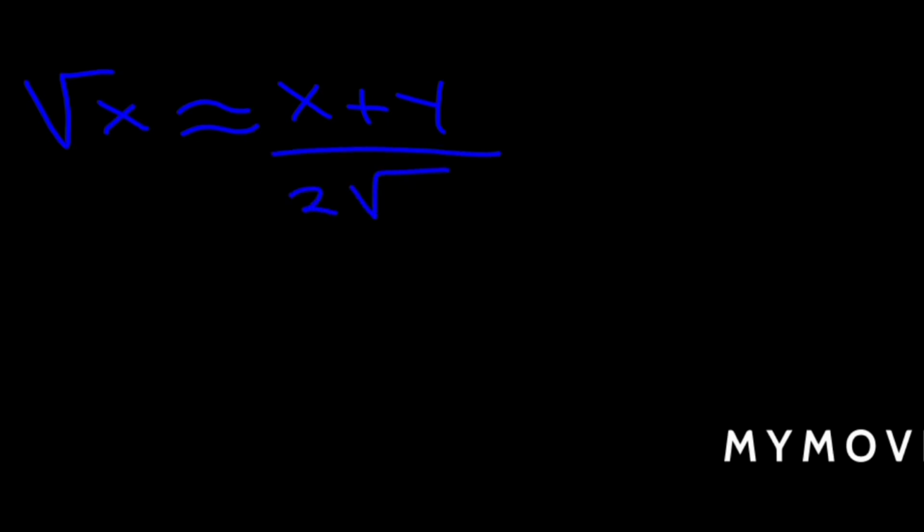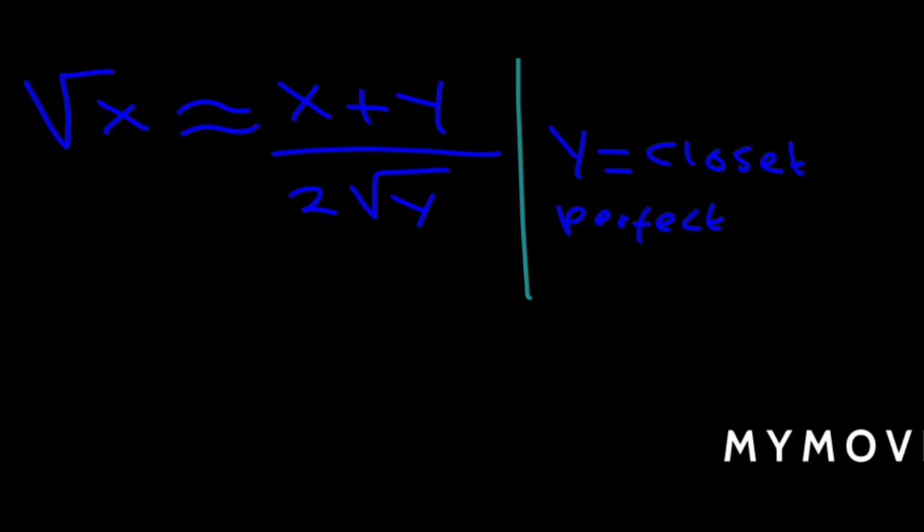So the square root of x is approximately equal to (x plus y) over 2 times the square root of y. So this is the formula that you have to use, where y is the closest perfect square.